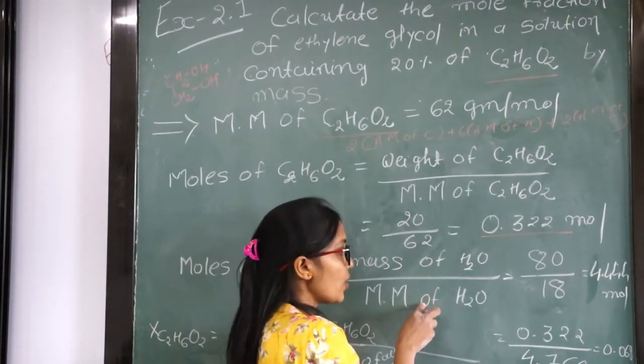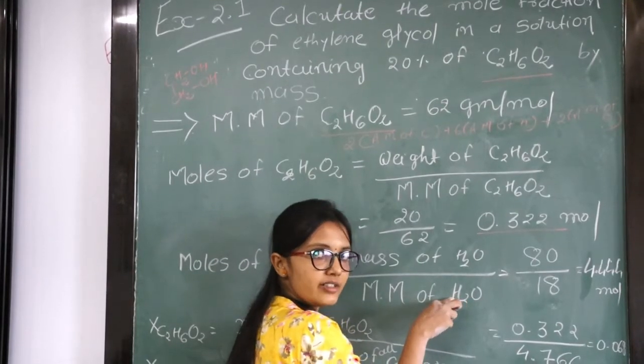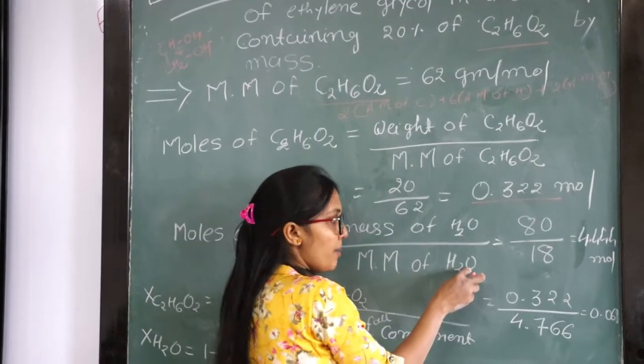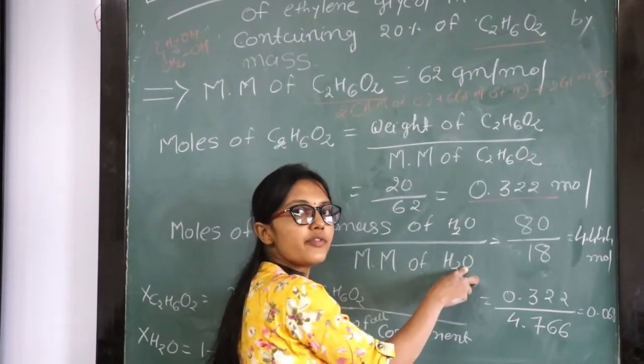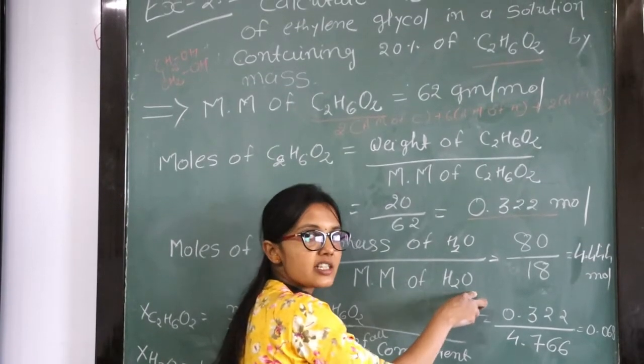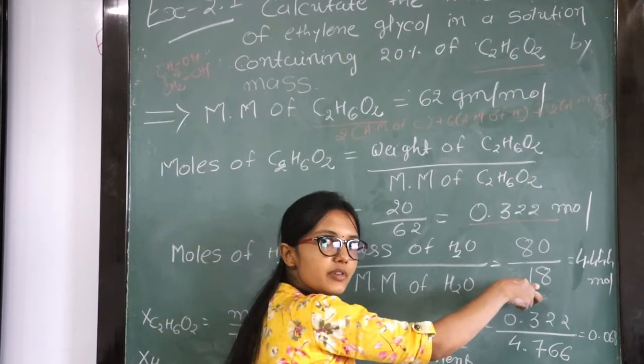And how to calculate the H2O molar mass? 2 in bracket atomic mass of hydrogen 1, 2 ones are 2, plus atomic mass of oxygen. Oxygen atomic mass is 16. 16 plus 2 is equal to 18. This is the molar mass of the water molecule.